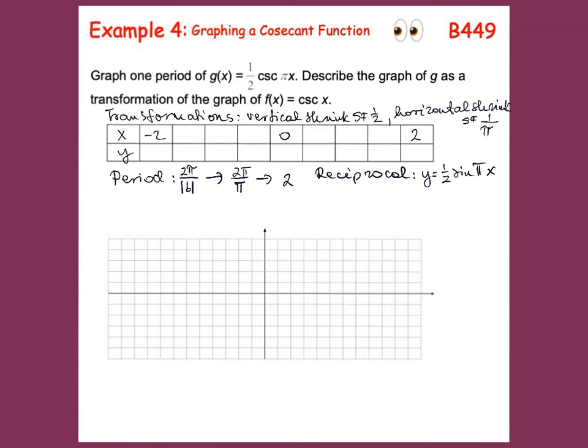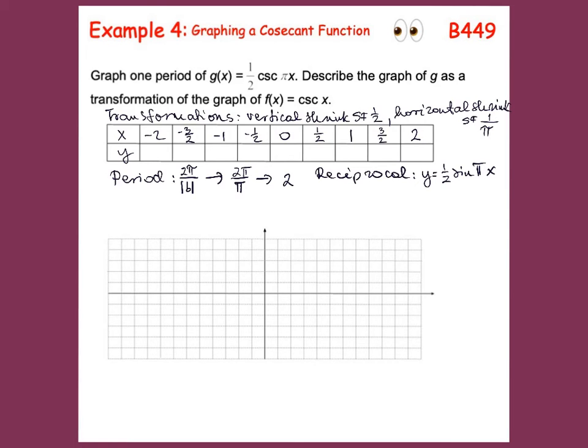So let's go ahead and figure out our in-between values. So the halfway point is 1, and the quarter point is 1/2. The 3/4 point is 3/2. And then it's negative 1/2, negative 1, negative 3/2.